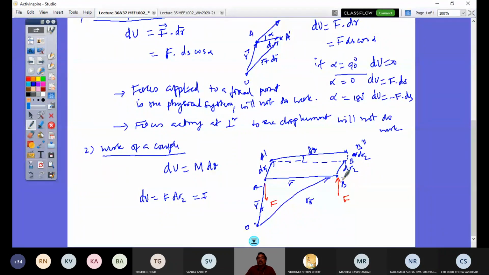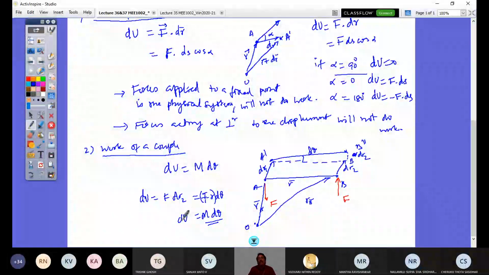From here to here is dr1 plus dr2. So this is F into dr2, and that would be the same as F into R d theta. F into R is the couple here. So that is M d theta. That is how we write it. So this is the work of a couple.